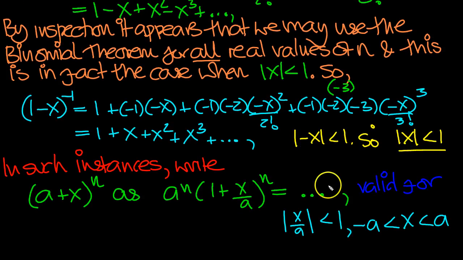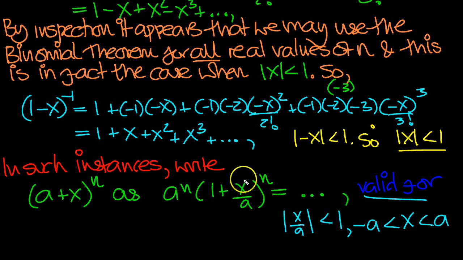But when we look at a variety of problems of a more general form, say (a plus x) to the n, what we do in these instances is rewrite this by taking an a to the n outside the bracket, as we've done in the previous section. And we expand this series here and see what we get. But bear in mind that we always state the valid range.